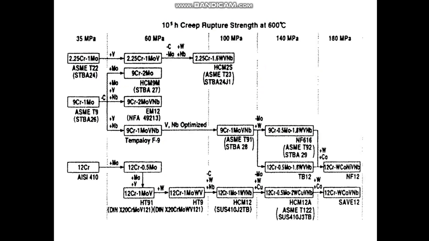When they were added with vanadium, molybdenum, niobium and some microalloying elements, they were strengthened and offered 60 megapascal. Subsequently they have been alloyed further, and the latest can reach 180 megapascal. This is the 12 chrome W cobalt nickel vanadium niobium alloy. This is all about the alloy development, which resulted in increased creep rupture strength.